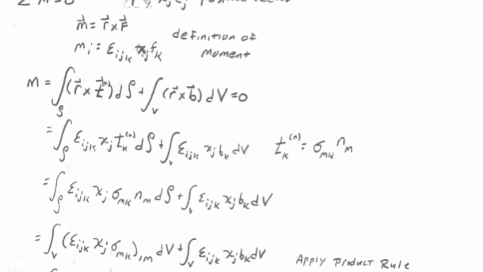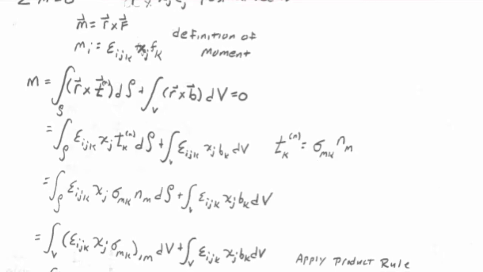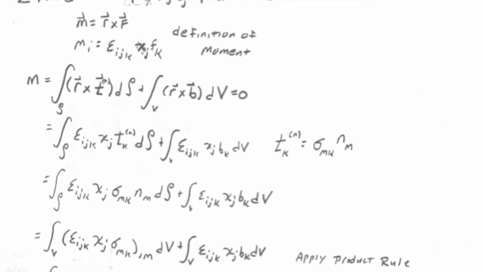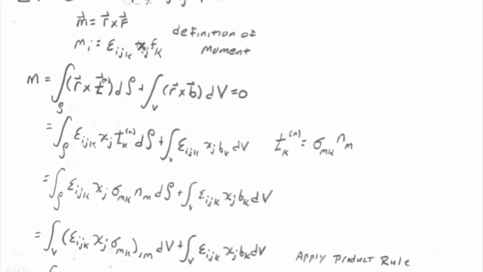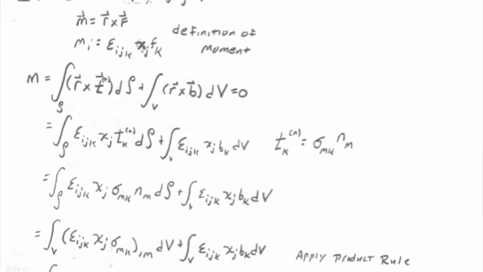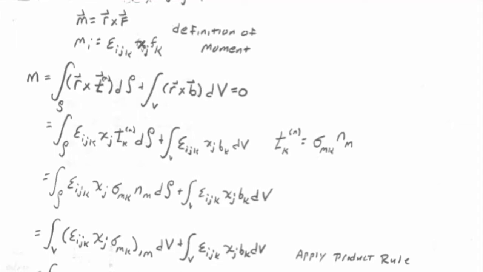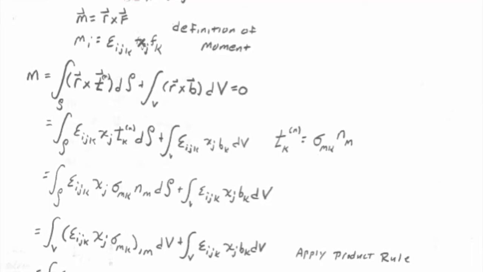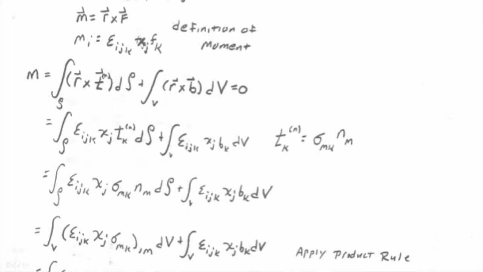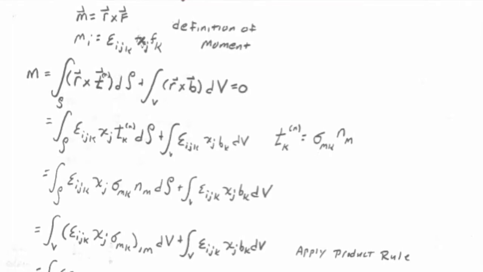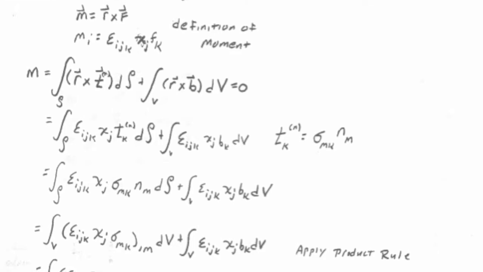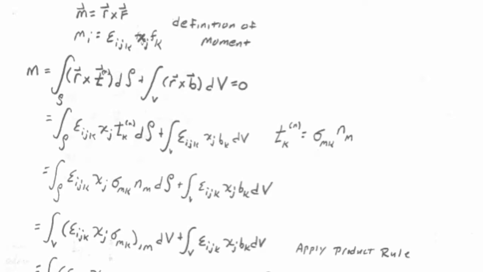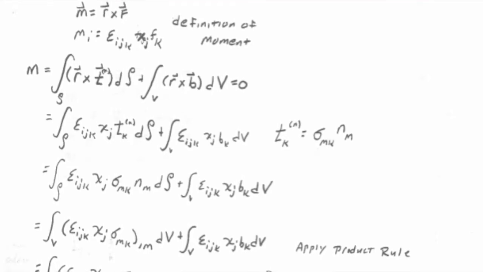Remember, a moment vector is the cross product of a force and the distance. In terms of indicial notation, we use our permutation symbol.